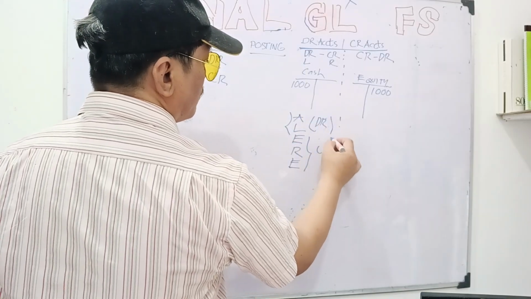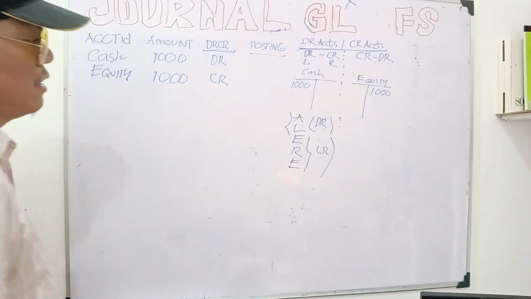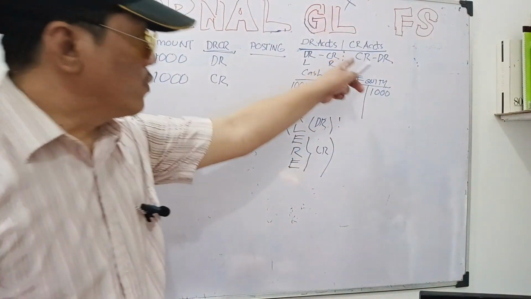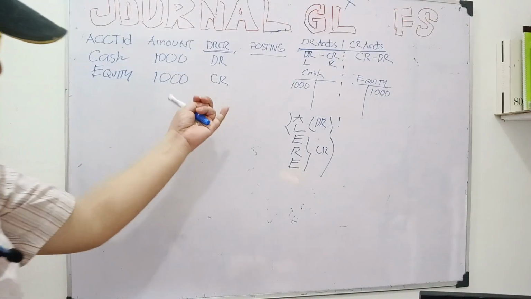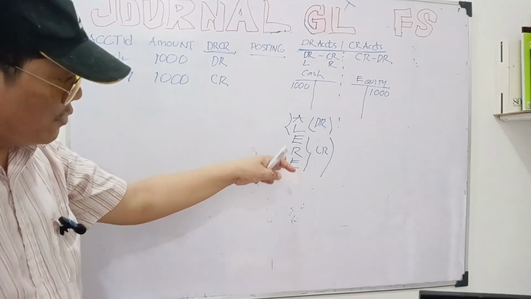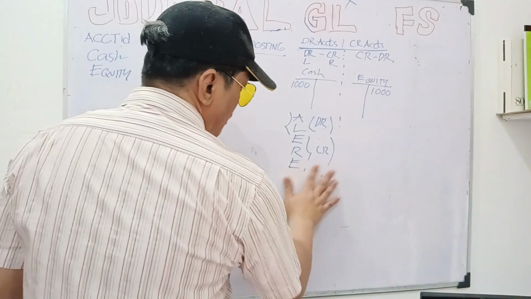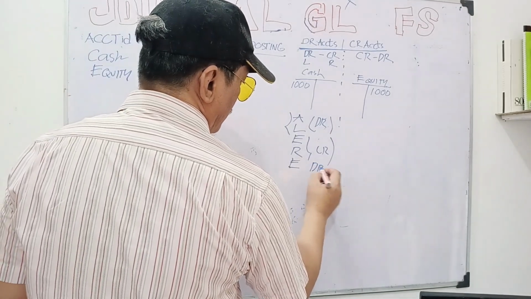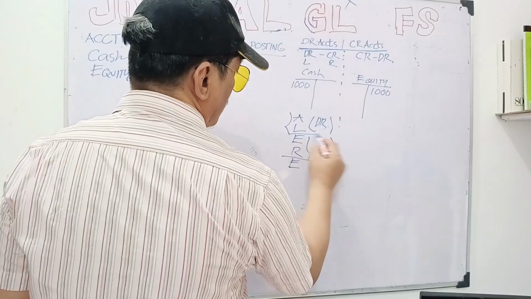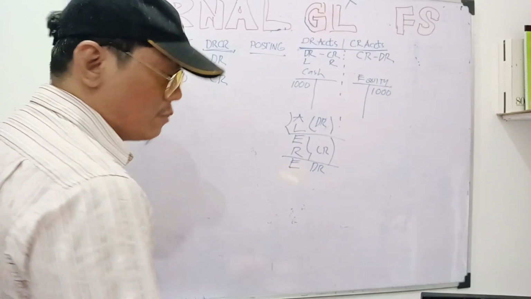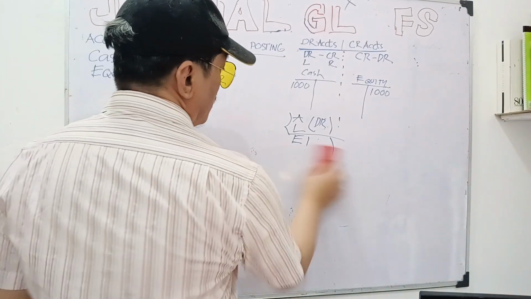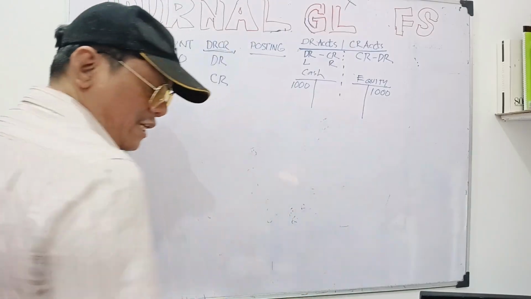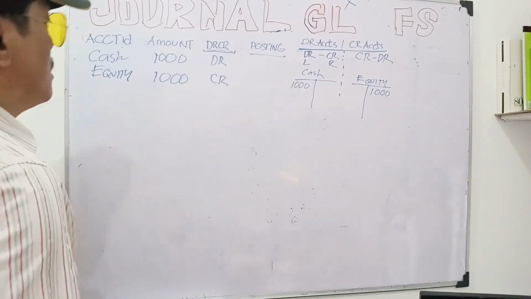So the formula for this is this one: asset, liability, equity, revenue. Oh, I'm sorry. This expenses right here is a debit account. Okay, so just take note of it. It's as simple as that. You can Google it, right? But we won't be discussing that much here.